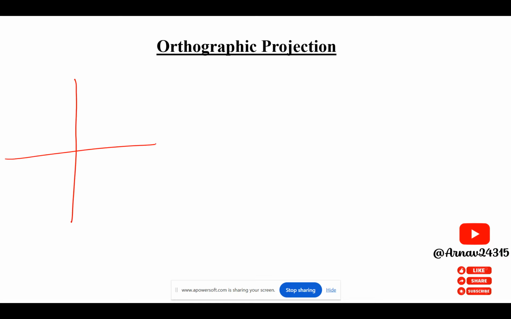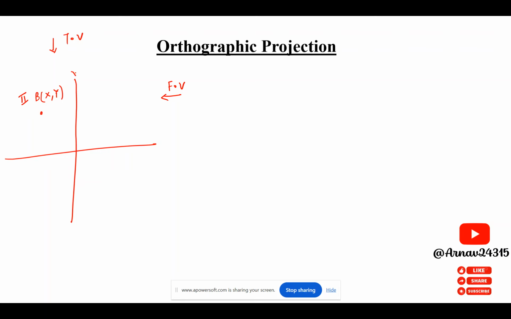If the point lies in the second quadrant, let's say the point lies in the second quadrant, suppose. So now the point is, let's say B, and the location of this point is x comma y, right? Here I'm assuming that x is less than y. Now again, for the front view, the observer will observe from here, and for the top view, the observer will observe from the top.